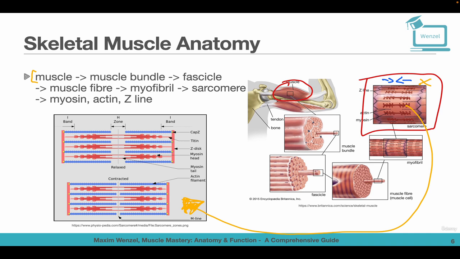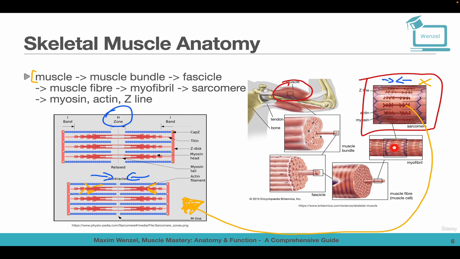I will be talking about this more precisely in the next slides, but to give you a little idea of how contraction works, we will see that these two here, the blue and the red one, will connect, and then we will be in the middle. So the H zone will be smaller, and every one of these little units will contract for itself.